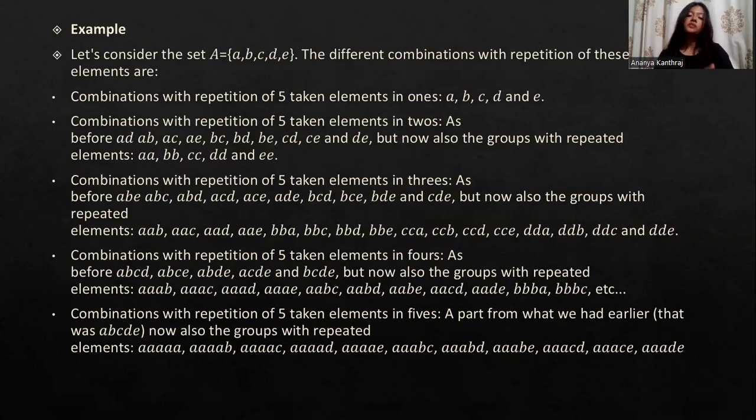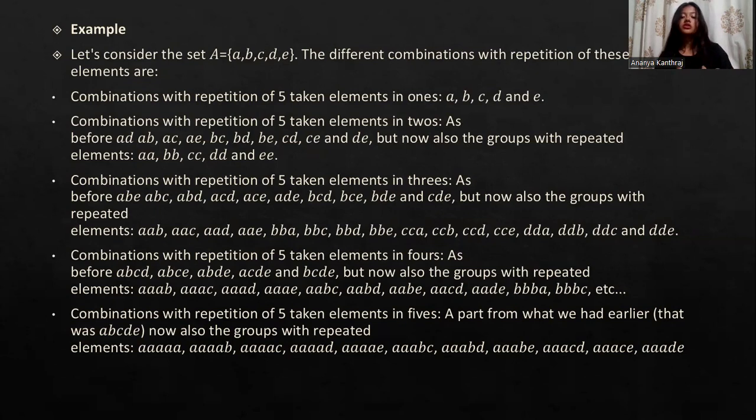But now the groups with repeated elements can be taken as AA, BB, CC, DD, and EE. Similarly, combinations of 5 elements taken in threes: ABC, ABD, ABE, ACD, ACE, ADE, BCD, BCE, BDE, and CDE.